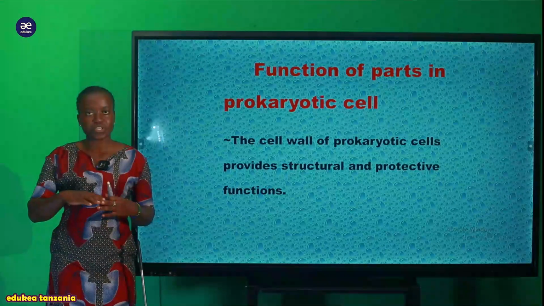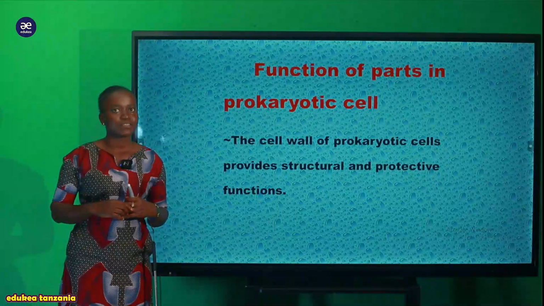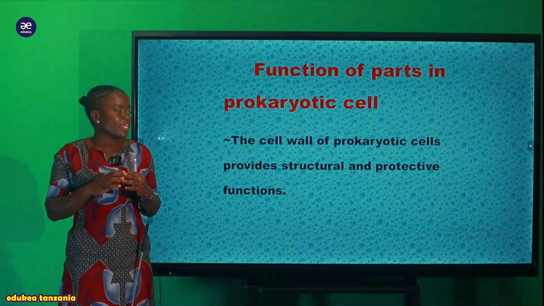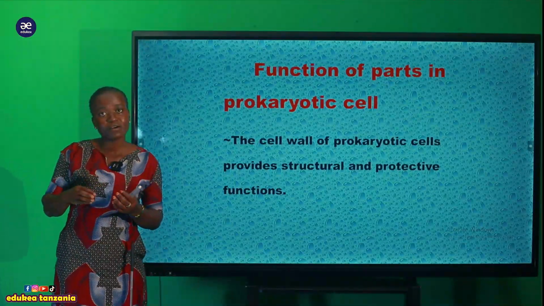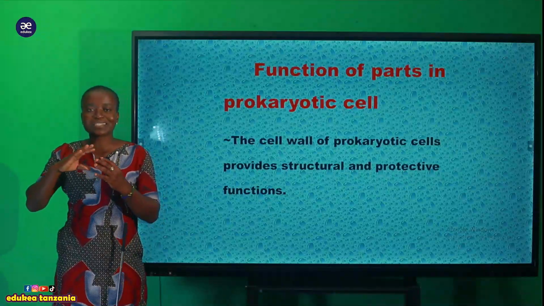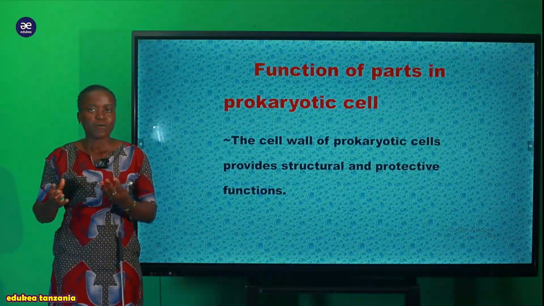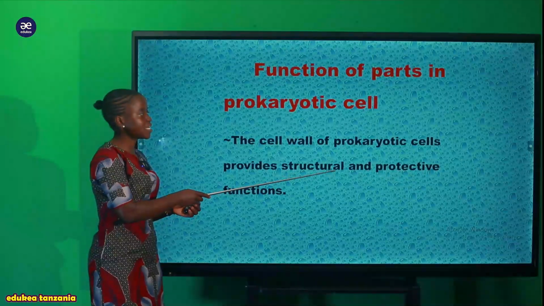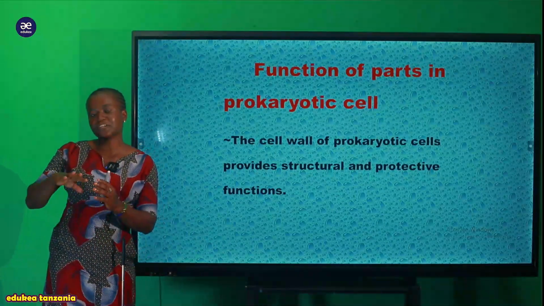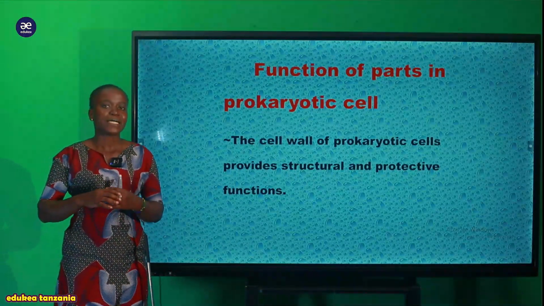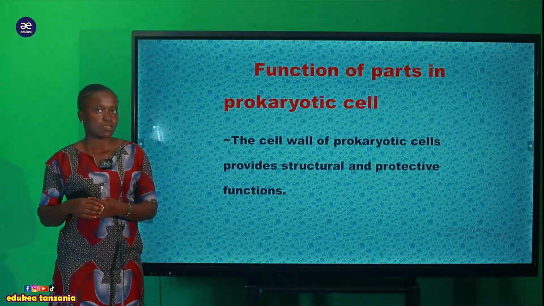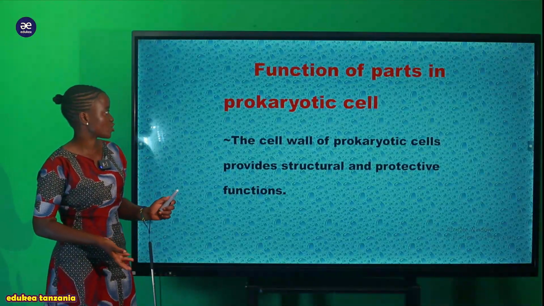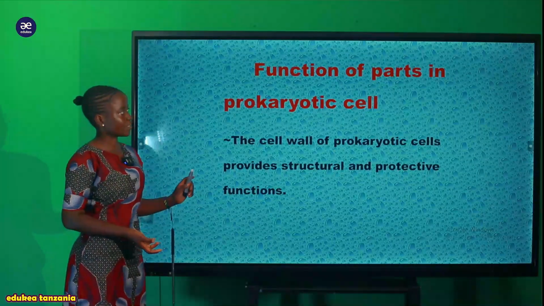This structure inawasaidia pale ambapo wakiwa kwenye mazingira tofauti waweze kuhimili. So hii cell wall ndio ambayo inawasaidia to protect them from different kinds of environment, so that they can stay safely. So that is the function of this part of the prokaryotic cell.